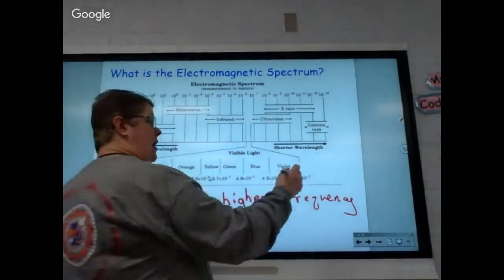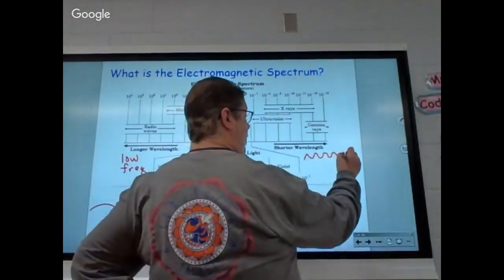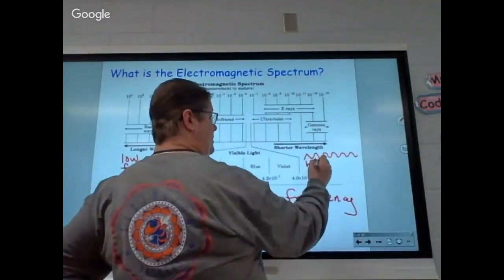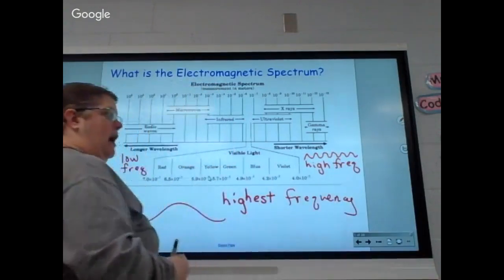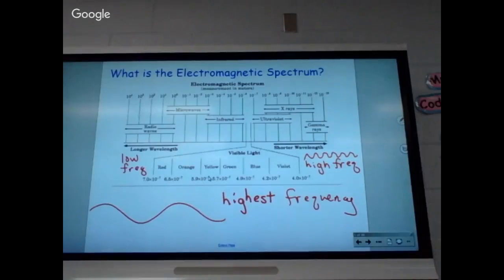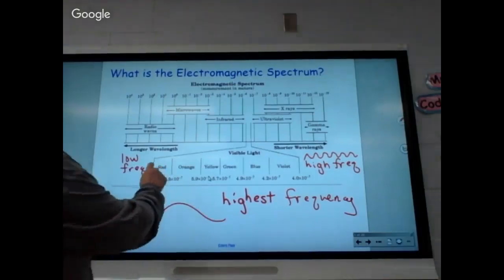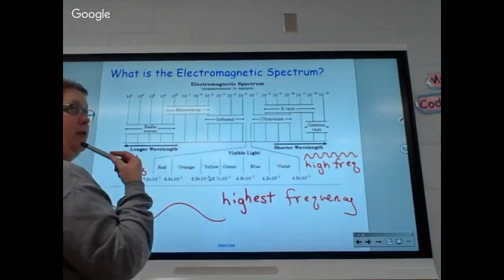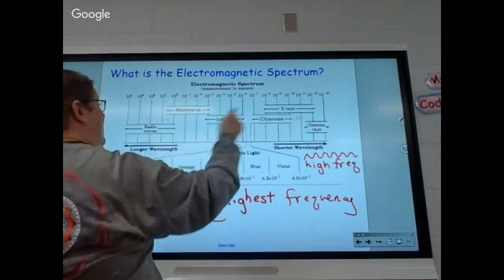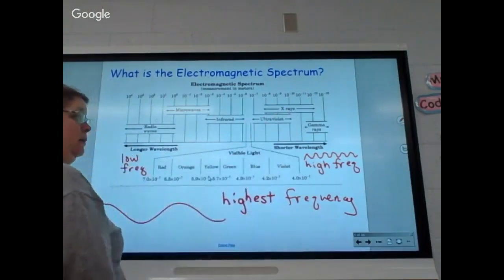Where it's a short wavelength, the waves are really close together, so it's a high frequency. So who would have the highest frequency? I'm pretty sure this was the color question. Violet would have the highest frequency.